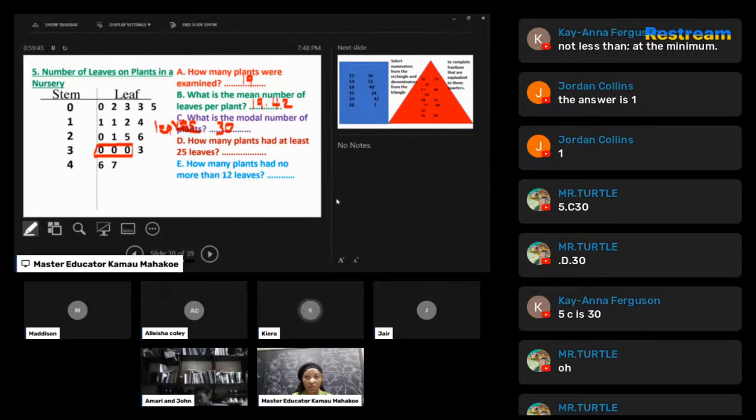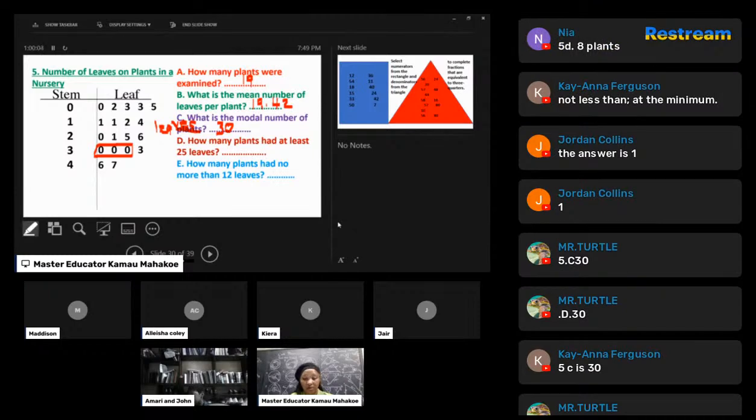Yes. No. So Kian is saying it means not less than, at the minimum. So it's actually 25 or more. At least 25 means 25 or more, not 25 or less. So how many of the plants have 25 or more leaves?